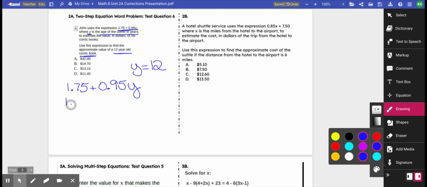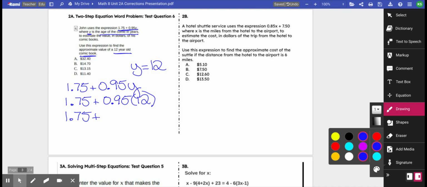So if we have 1.75 plus 0.95 times, instead of y, we're going to put in that 12. Okay? So then we multiply. We keep the 1.75, and then we multiply 0.95 times 12.